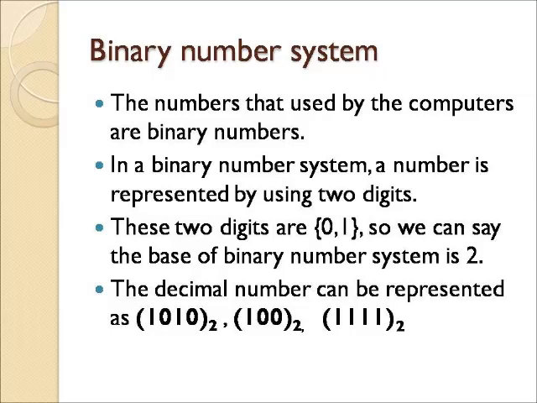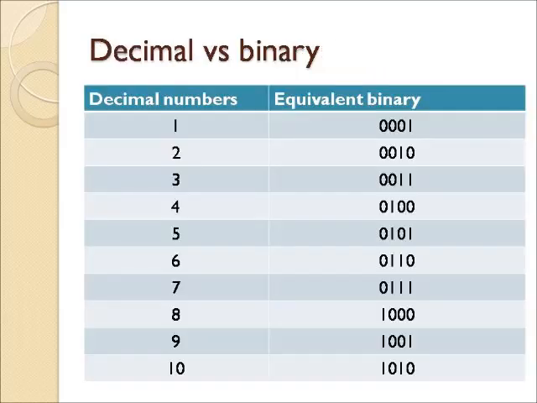Here you can see some decimal numbers on the left hand side, and in the right hand column you can see the equivalent binary of the decimal numbers. We have decimal numbers 1, 2, 3, 4, 5. For example, for the decimal number 10, the equivalent binary is 1010.